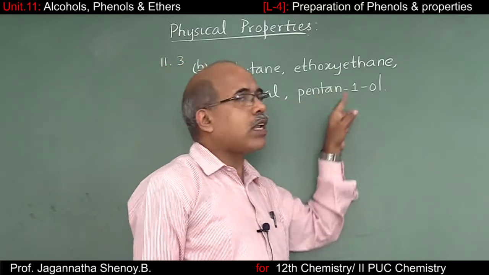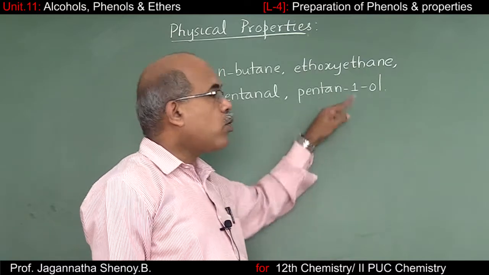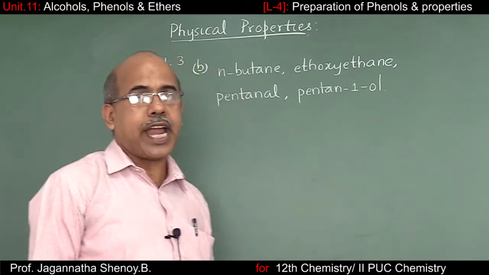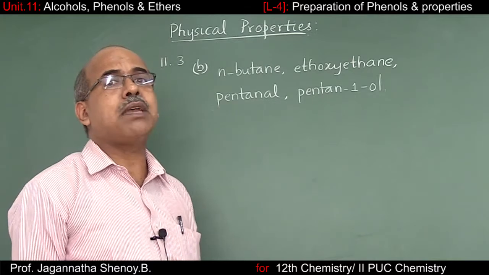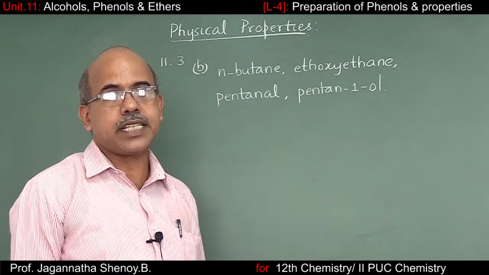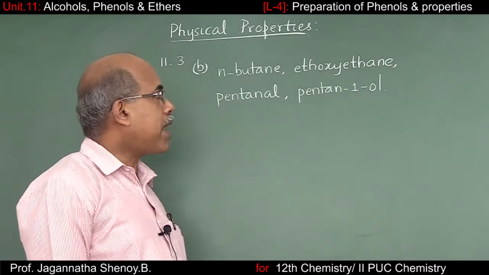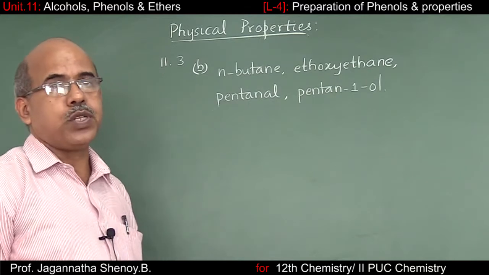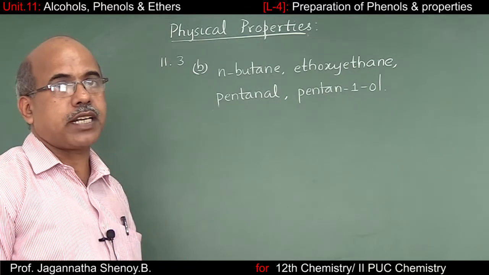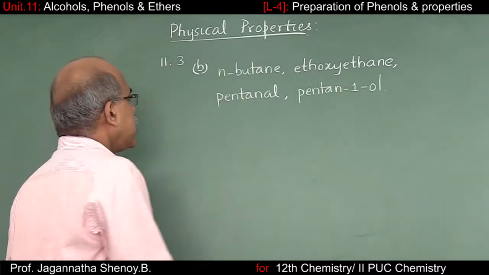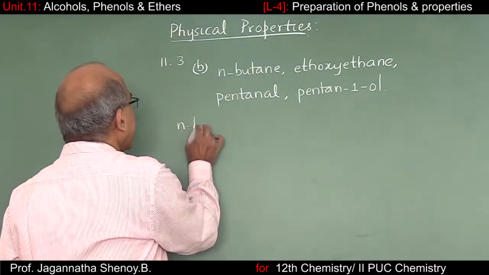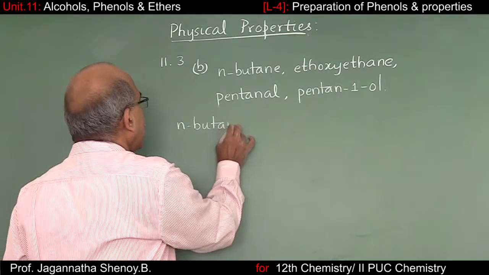And pentane 1-ol molecules are associated through hydrogen bonding, and you know that hydrogen bonding is the strongest dipole-dipole interaction that one can consider. That's why, based on the magnitude of intermolecular forces of attraction, the one having the lowest boiling point is N-butane, a non-polar molecule.